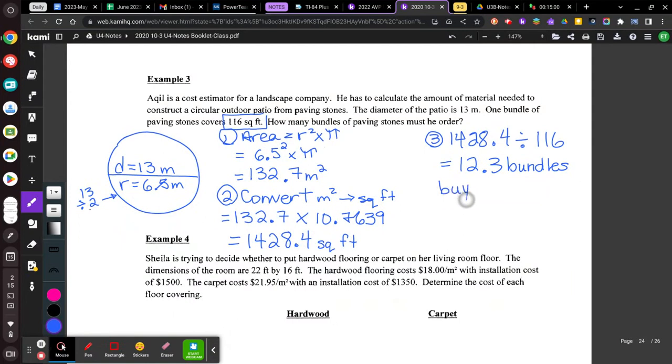You need to buy 13 bundles. So the answer for this question would be 13 bundles you need to buy. Even though the 0.3 wouldn't round up normally, it's real life, you have to buy that extra because 12 isn't enough. It's like when we do those questions about the amount of paint you have to buy, same idea. You have to round it up to whole numbers.